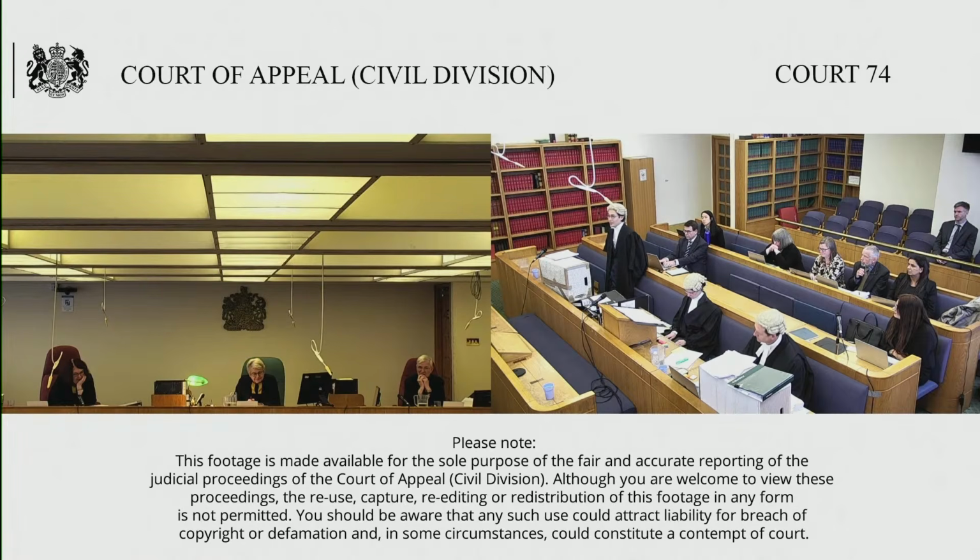For what it's worth, as an example of Parliament saying so expressly, we can look at Section 60 of the Taxation of Chargeable Gains Act 1992, which is at page 62 of the authorities bundle. May I just show the court that very briefly?